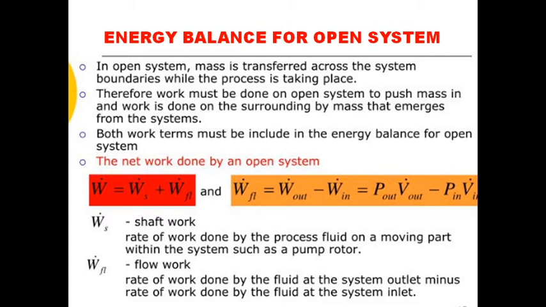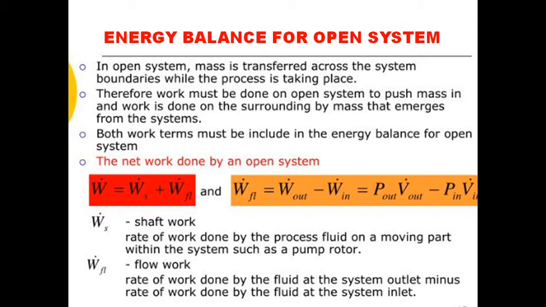Both work terms must be included in the energy balance for an open system. So the net work done by an open system, W, is equal to shaft work plus flow work. WS is shaft work, WF is flow work.